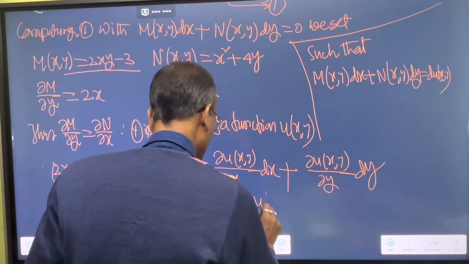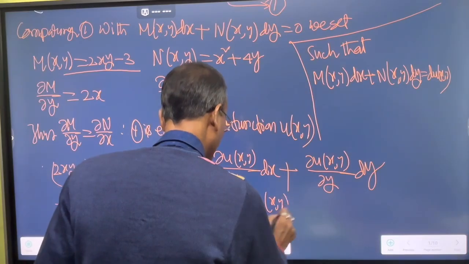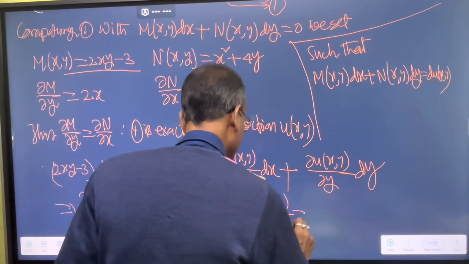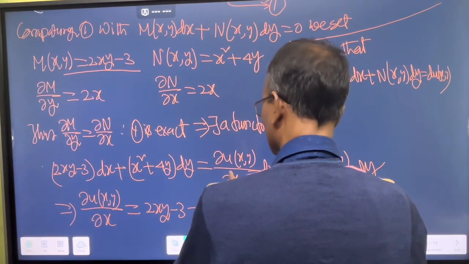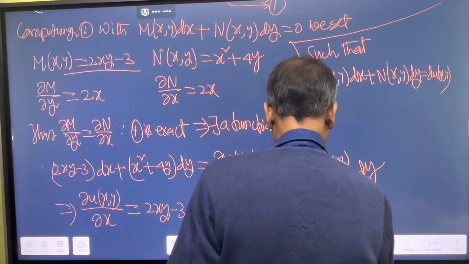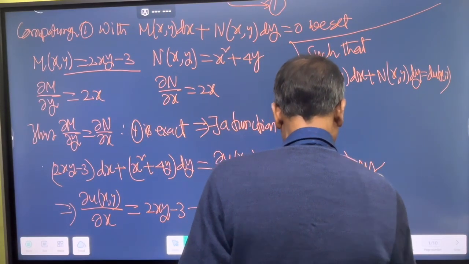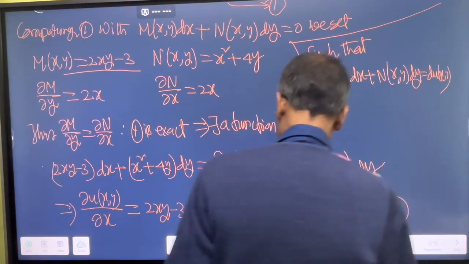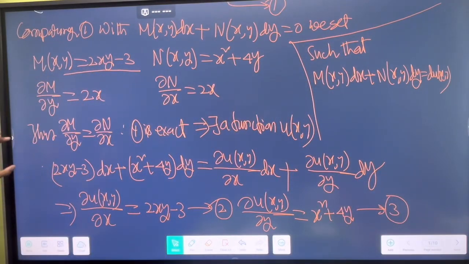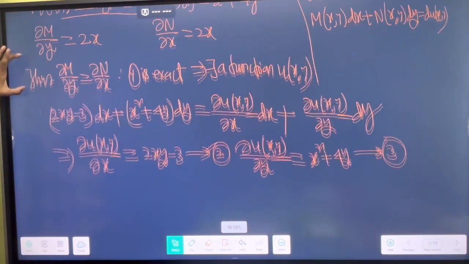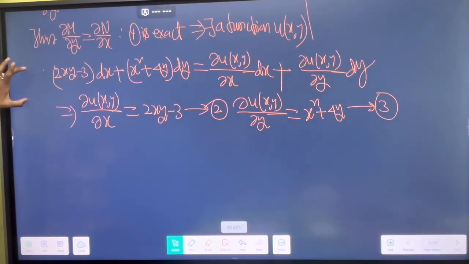And del u by del y is equal to x square plus 4y, number 3.